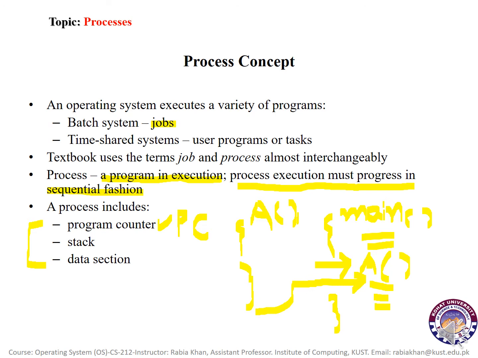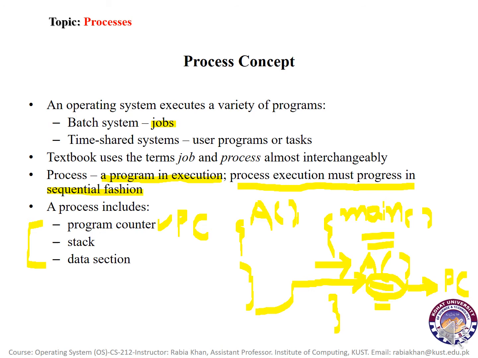So this was the statement on which the control needs to be transferred back. So the address of this instruction is stored in program counter, which ensures the sequential execution of instructions within a program.